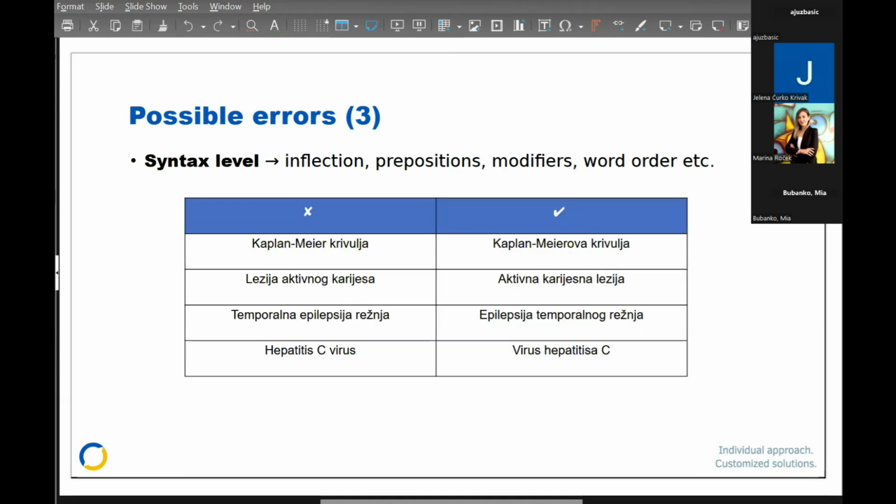As for syntax, here we really have a wide range of possible errors and mistakes, mostly with inflection and word order. And as I've already mentioned, since Croatian has strict grammar rules that govern the formation of sentences, this is something that English-speaking clients have difficulty understanding. So we sometimes receive questions, for example, why have you used virus hepatitisa C in one sentence and virusom hepatitisa C in another sentence?